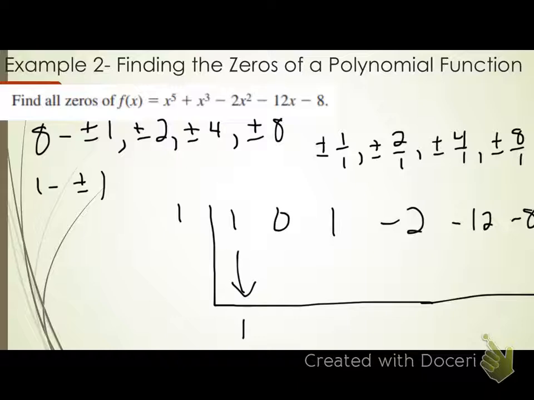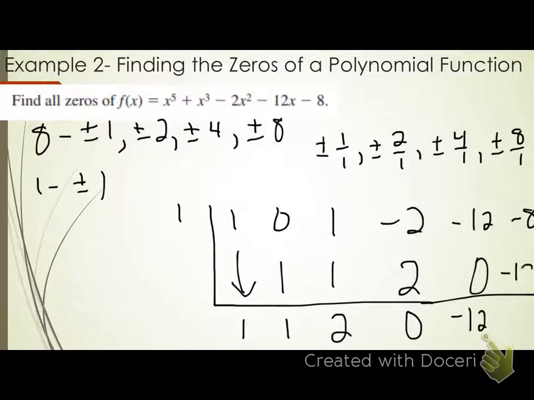Bring down my 1. 1 times 1 is 1. 0 plus 1 gives me 1. 1 times 1 is 1. 1 plus 1 gives me 2. 1 times 2 is 2. Negative 2 plus 2 is 0. 1 times 0 is 0. Negative 12 plus 0 is negative 12. 1 times negative 12 is negative 12. And I get negative 20 for my remainder. So 1 is not a factor.